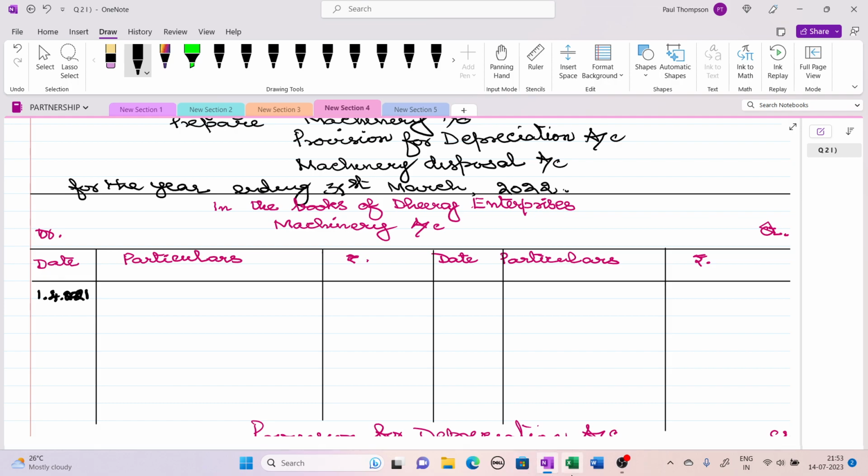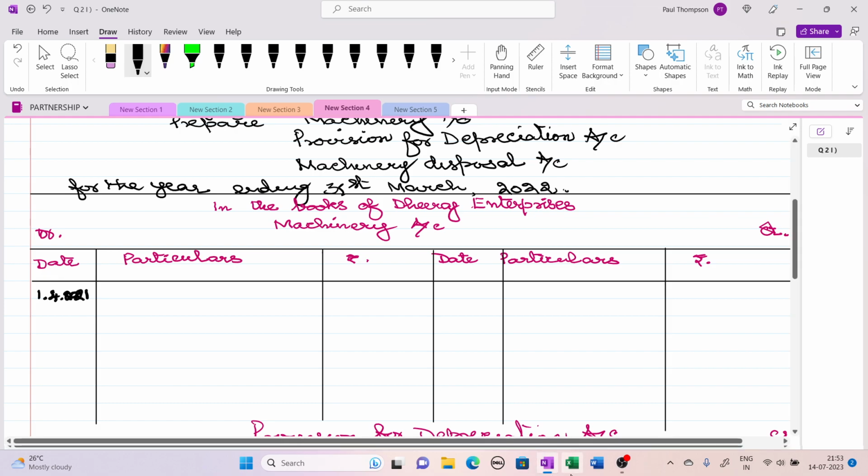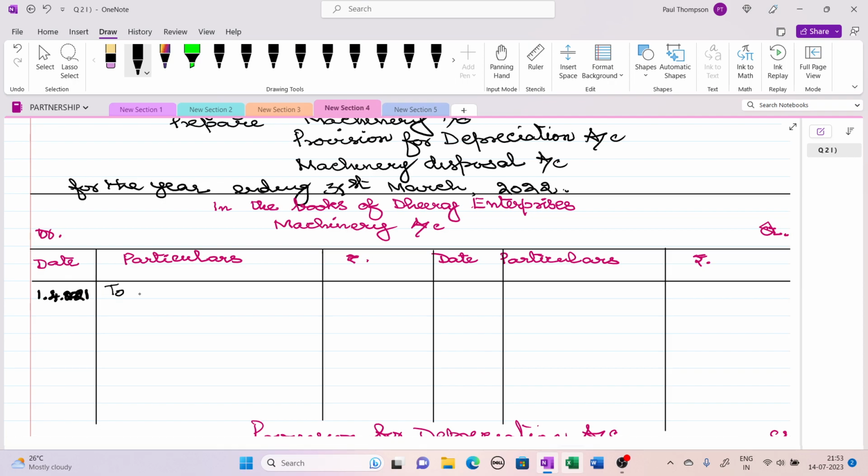Okay. So now on 1/4/2021, the machinery account showed a balance brought down of 12 lakh. But we studied there was another machine for 2 lakh rupees which they have sold. So let us take it as machine number 1, because it is always better to have a breakup of that.